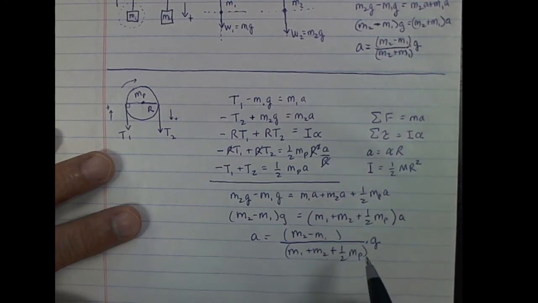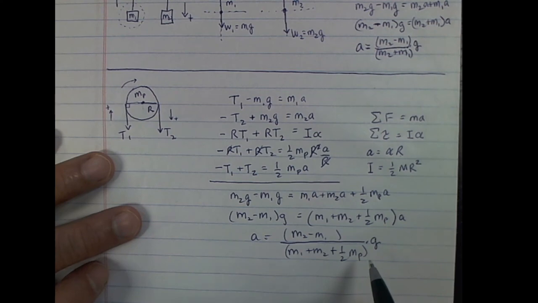Everything else still holds true if you think about it. If M2 equals M1, it's still not going to accelerate, so this is 0. If the mass of the pulley is gigantic and M1 is small, it's not going to accelerate at g anymore, because the pulley's going to keep it.